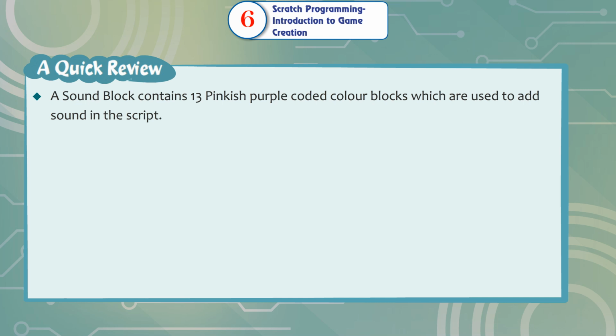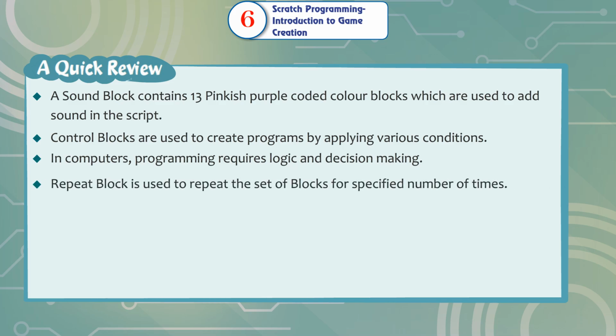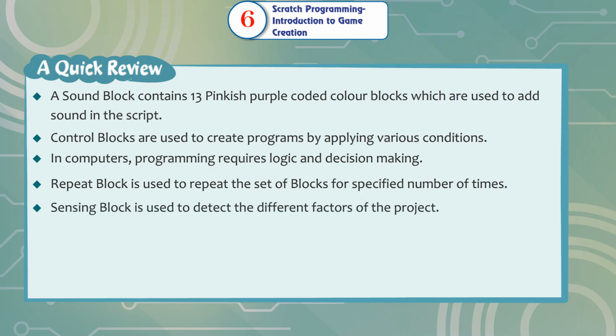The Sound category contains 13 pinkish purple color-coded blocks which are used to add sound in the script. Control blocks are used to create programs by applying various conditions. In computers, programming requires logic and decision making. The repeat block is used to repeat a set of blocks a specified number of times.